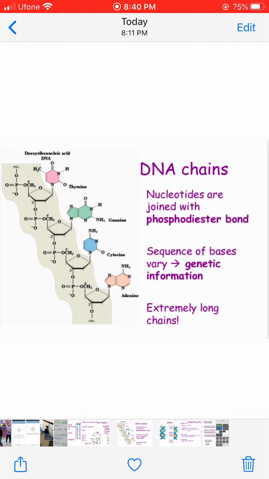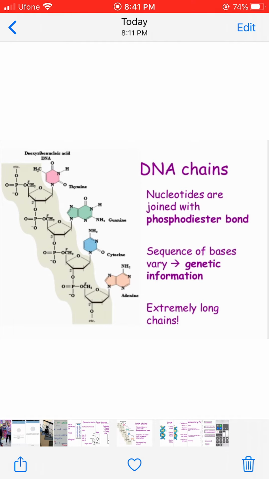You also know that A is going to be bonded with thymine, and G is going to get bonded with C, and the bond between A and T is a double bond, and G and C have a triple bond between them. So according to this bonding, the different bases join together.